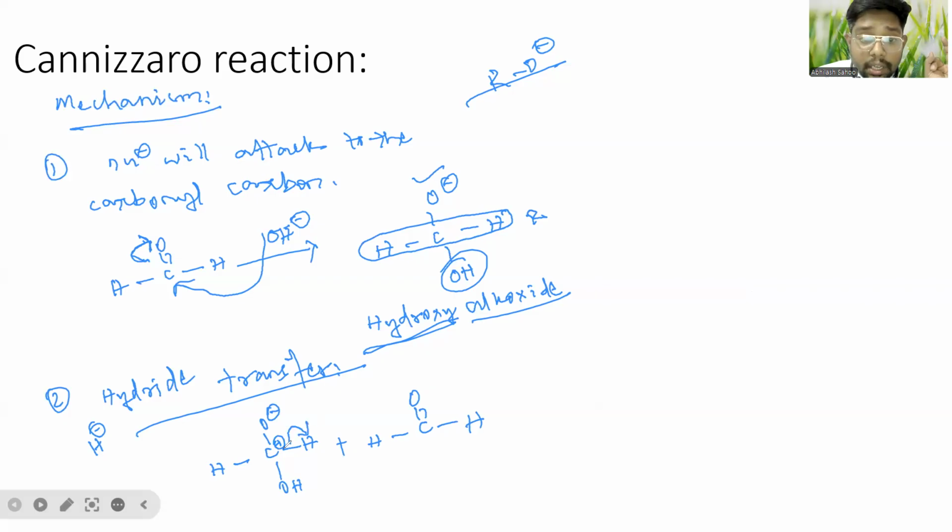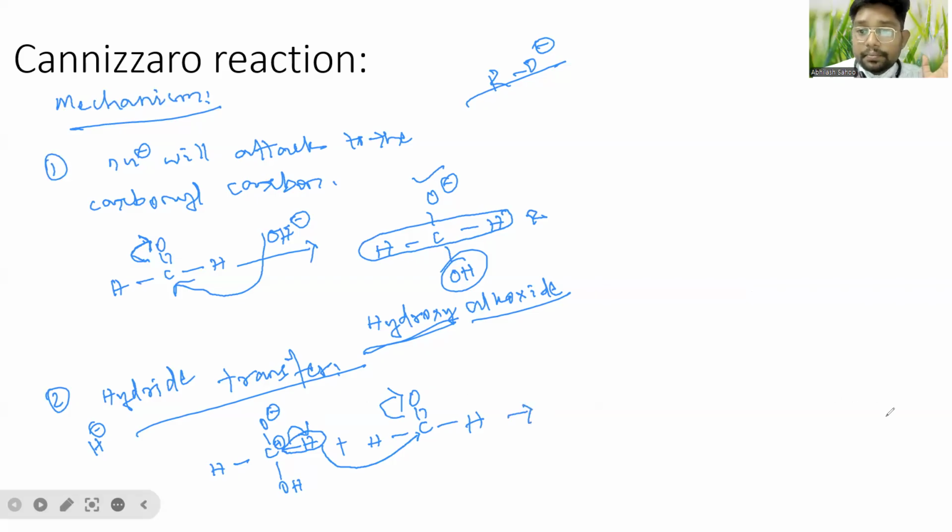So here what will happen, after the breaking of this bond, this hydrogen will be shifted to this carbonyl carbon as H minus. So here this plus minus will make the double bond. So what will you get here?